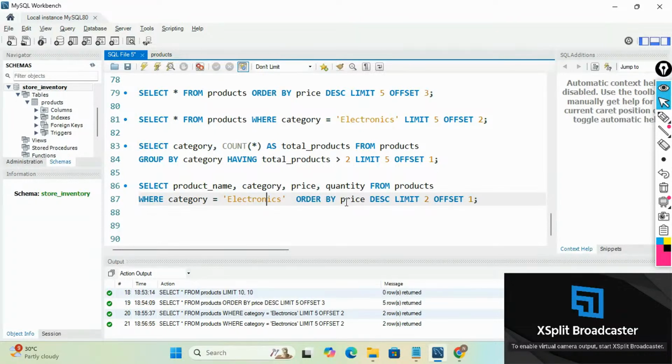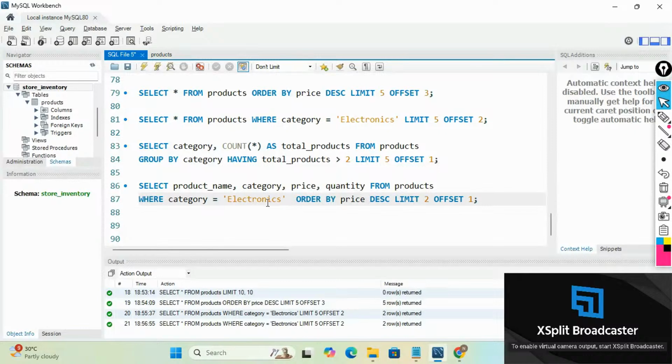Then for these four records in the electronics category, the records get ordered by the price column in descending order, from big to small. Then these records should be limited to two. Out of two, the first one should be skipped.